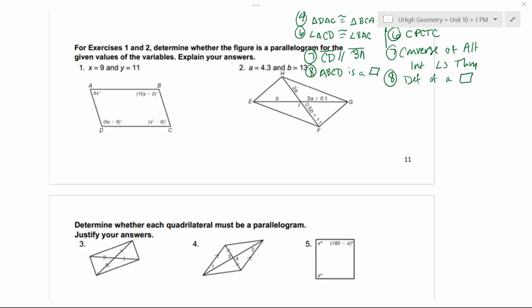So in numbers 1 and 2, we're given some different values for angles and diagonals, and we have to see if those fulfill one of our 6 ways. And then numbers 3, 4, and 5 give us some congruencies and parallel sides, and we have to determine is that enough to say that they are parallelograms.